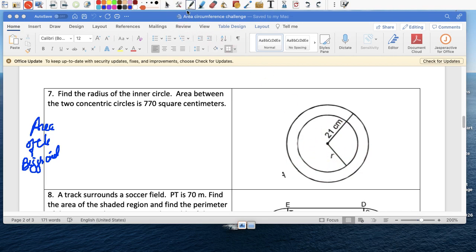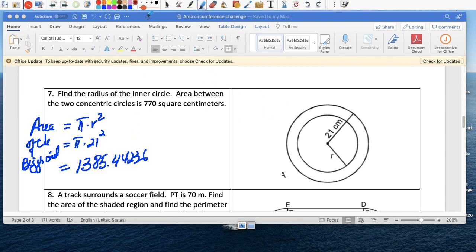All right, area of the big circle. A equals pi r squared. What's the radius? It's 21, so we get pi times 21 to the second power. So let's get that. 21 to the second power, enter, times pi. And we get 1,385.44236, and so that's the area of the big circle.